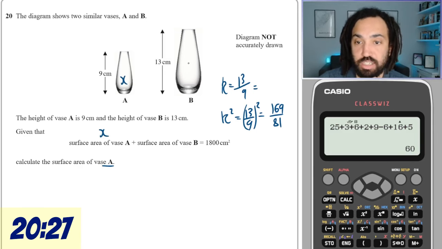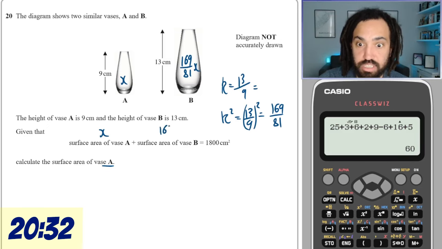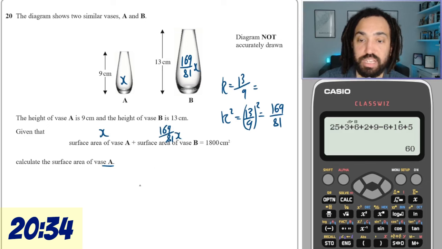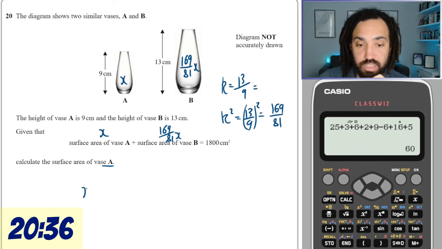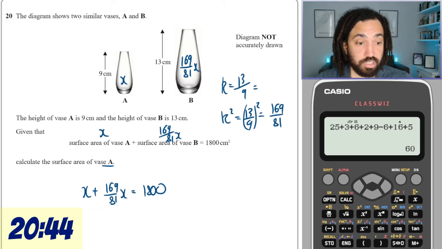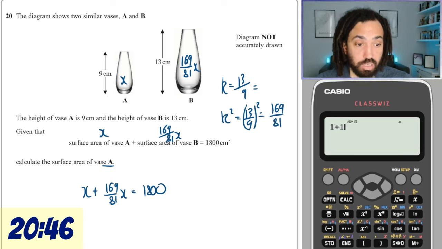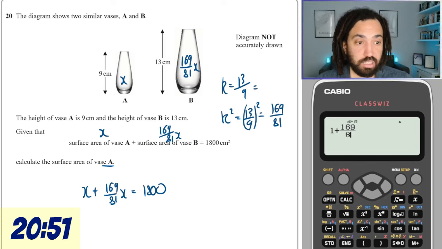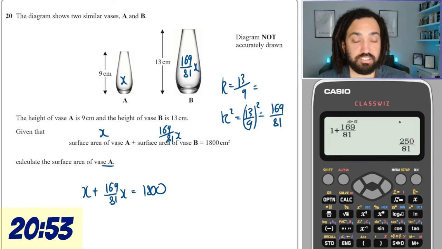Great, that makes it easier. Call that one x. So when I times through by the appropriate scale factor, because we're using volume, we get this. So the equation becomes 1x plus 169 over 81x is equal to 1800. So let's do 1 plus 169 over 81, and that gives me this.